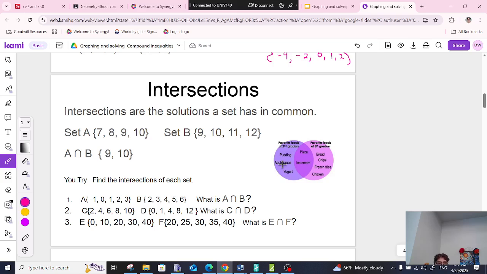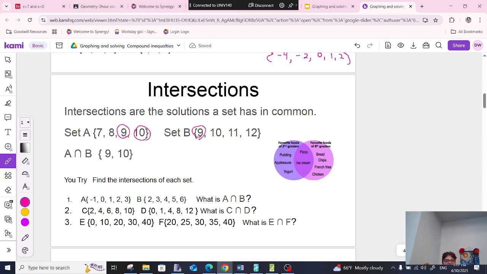Okay, so intersections are the solution set that they have in common. So in common means they're in both. So if I look here, 7 isn't in that one, so that isn't an intersection. 8 isn't over here, but 9 is here and 9 is here, right?